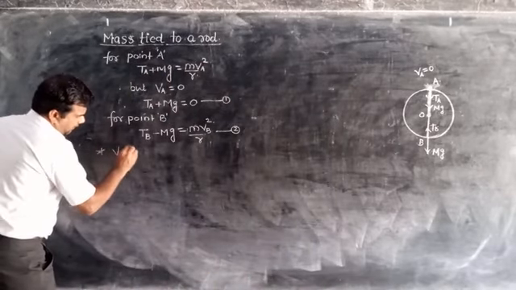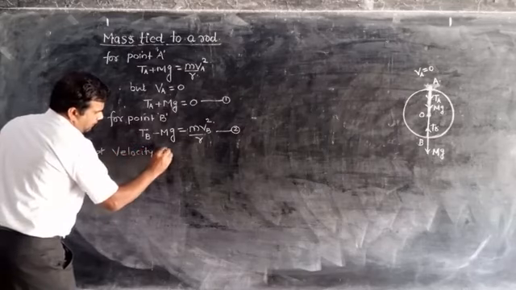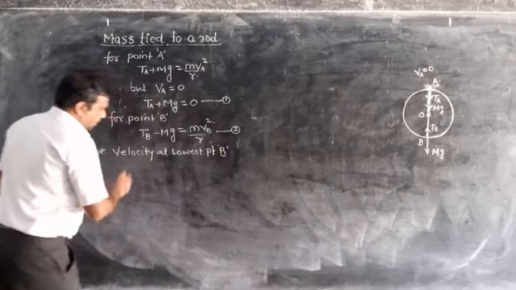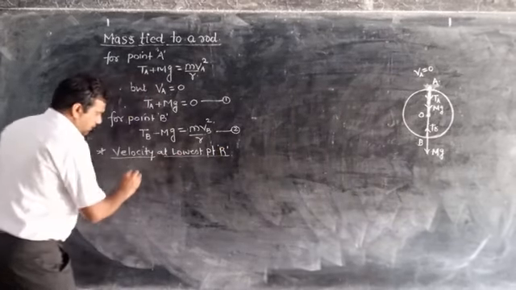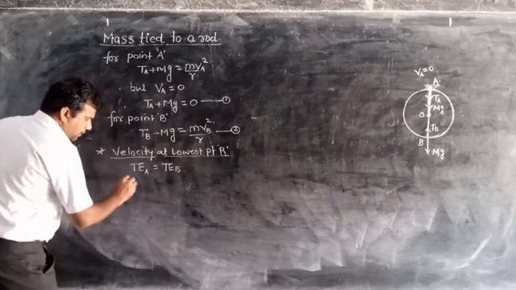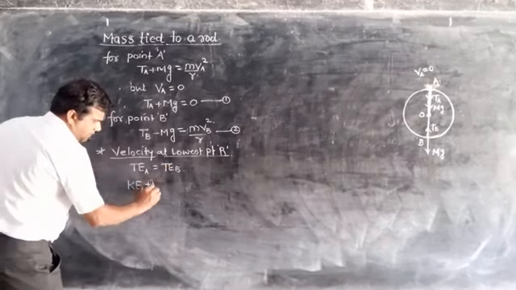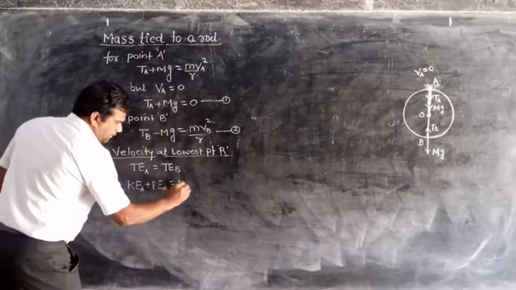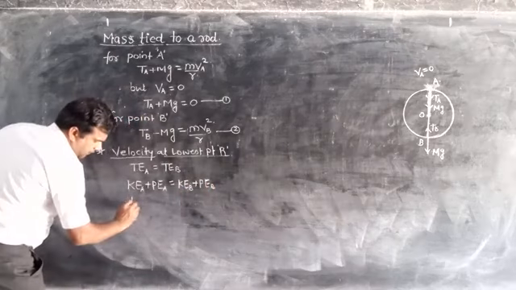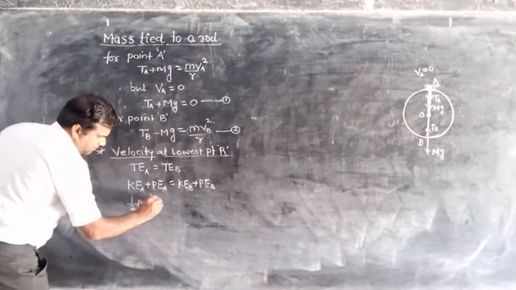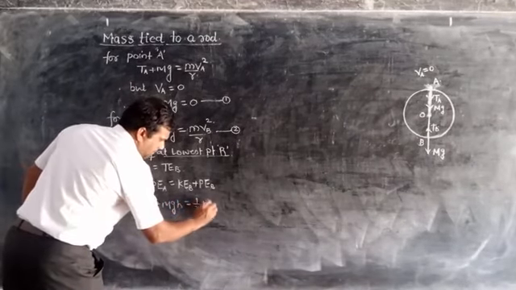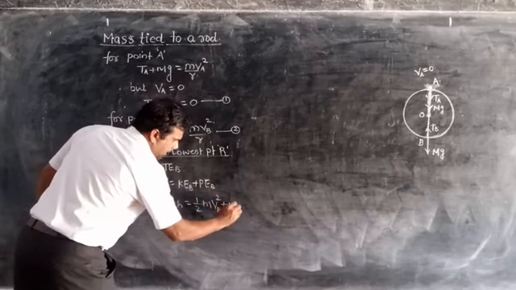So the velocity at lowest point B, using the law of conservation of energy, that is total energy at A is equal to total energy at B. Means the sum of kinetic energy at A plus potential energy at A is equal to kinetic energy at B plus potential energy at B. Now kinetic energy is half mVA square plus mgh is equal to half mVB square plus mgh.